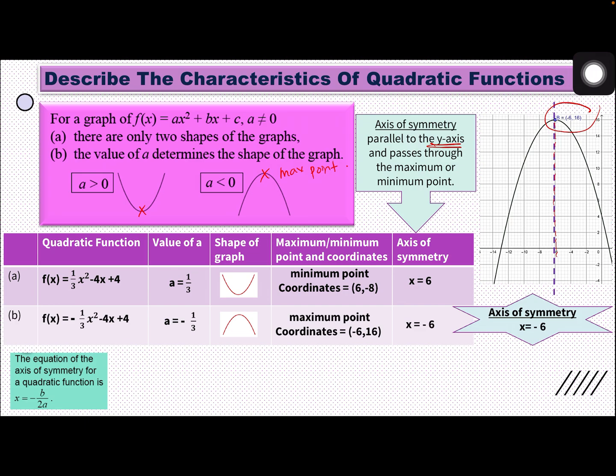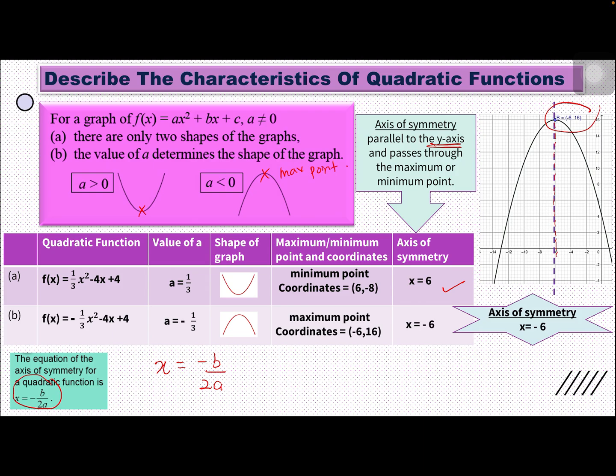The equation of the axis of symmetry for a quadratic function has another formula: x = −b over 2a. Now I will prove to you that we are going to get 6.